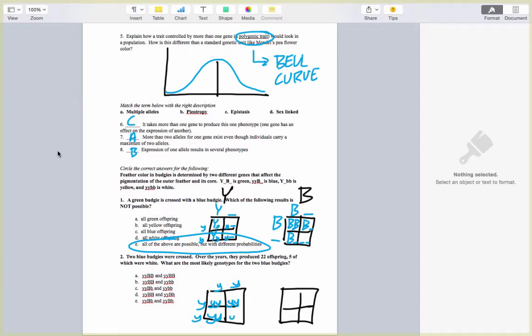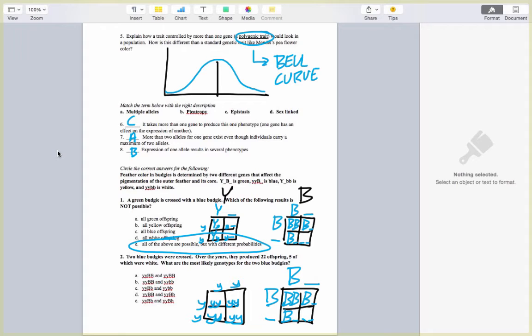Everybody's homozygous recessive for the Y gene. And if it's a blue budgie, it means it's also dominant with something else. So I got B and that blank line that I don't know what that one is. So that gives me all of these possibilities, which is going to be everything, because the wild cards give me everything.